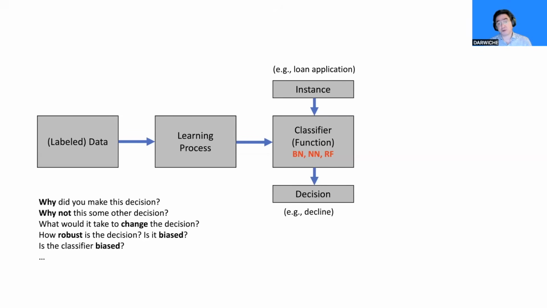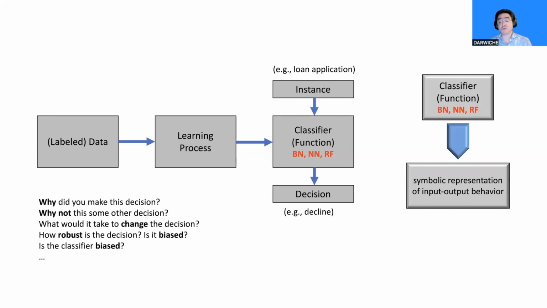So because of this, we can sometimes and often compile the input-output behavior of these classifiers into a symbolic representation. And if we're able to do that, then we can use logical reasoning and logical analysis in order to answer explainable AI queries. And that's exactly what we will be doing here.